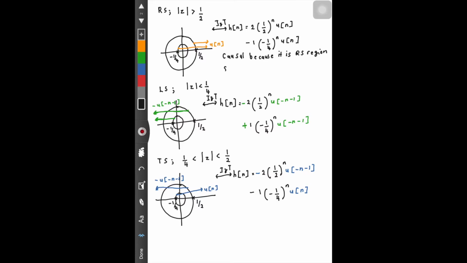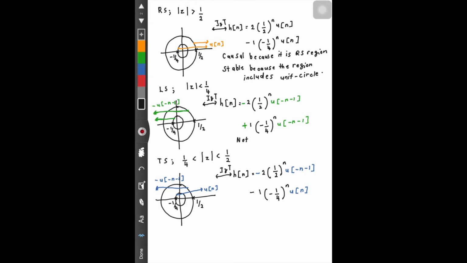It is stable because the region includes the unit circle.